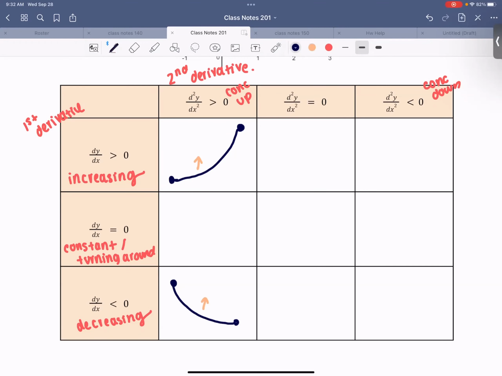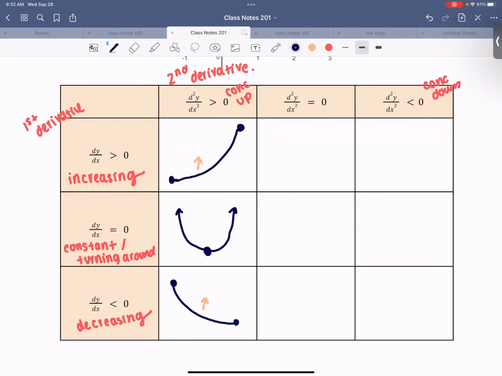Let's talk about when the first derivative is constant. If I want my graph to be concave up, it's got to look like this. At this point, my derivative is 0, right?